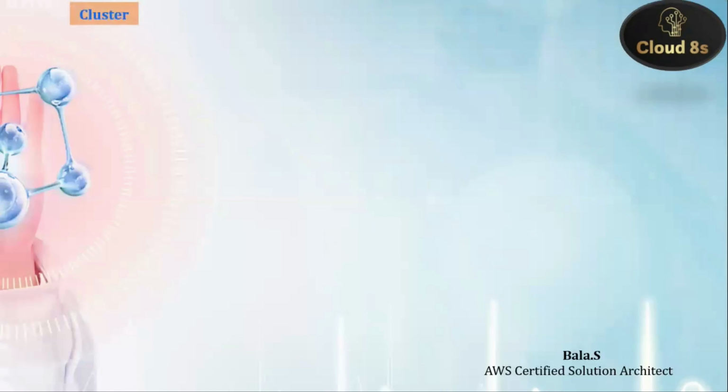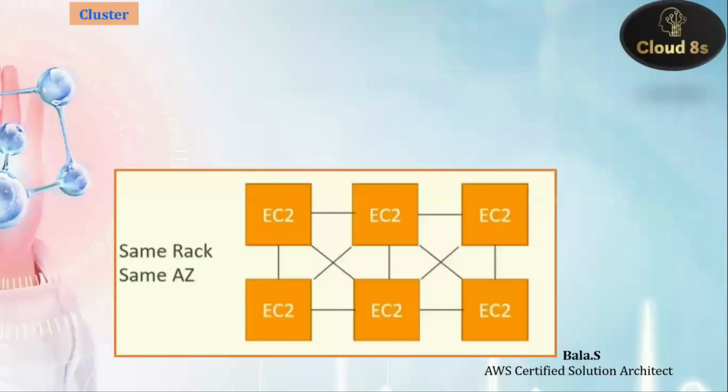Basically, cluster means, if you can see in this image, if you create six EC2 instances and attach them to a cluster type of placement group, all six instances will be placed into a single rack. That means a single hardware within a single availability zone.